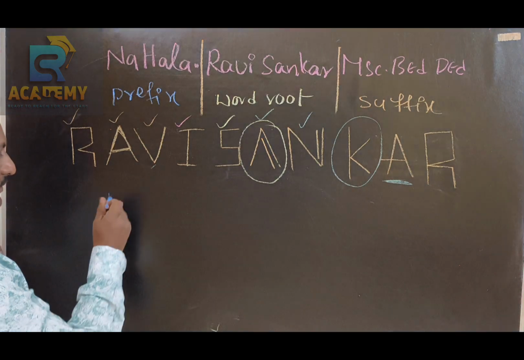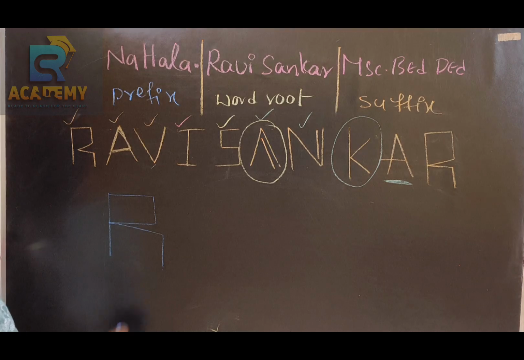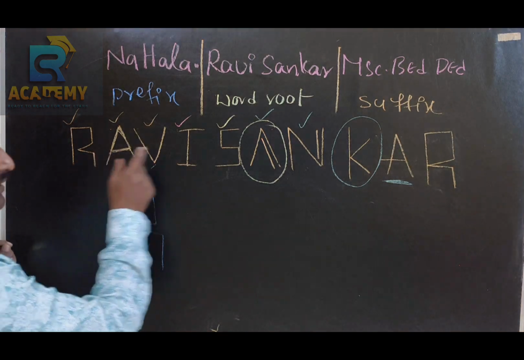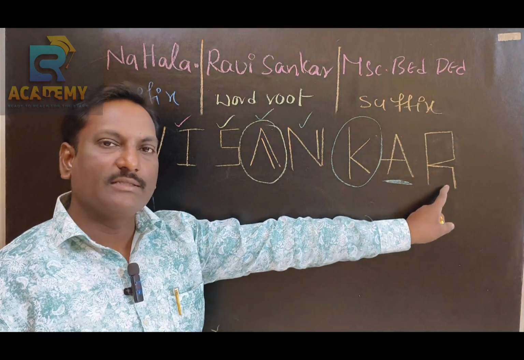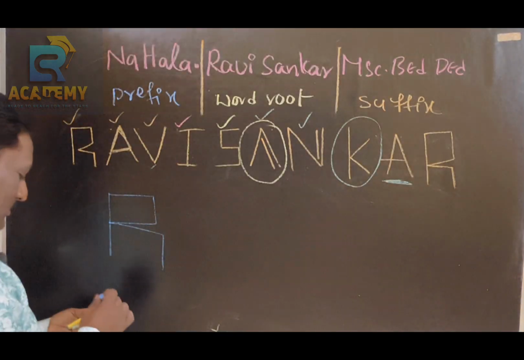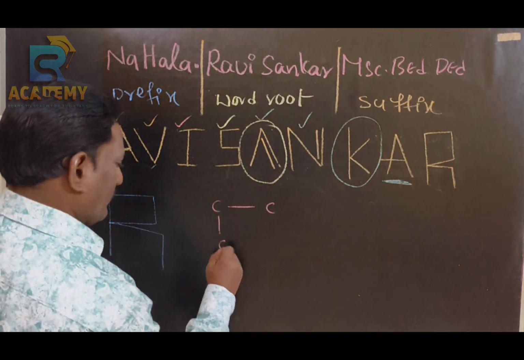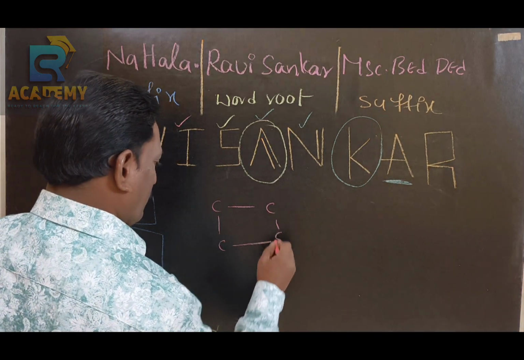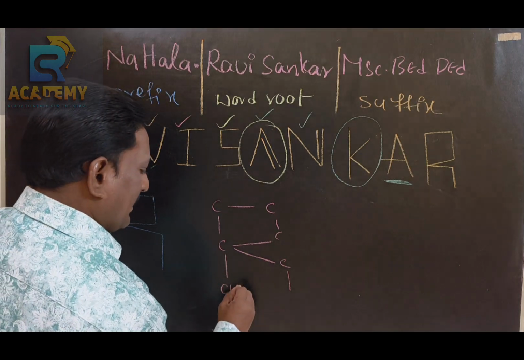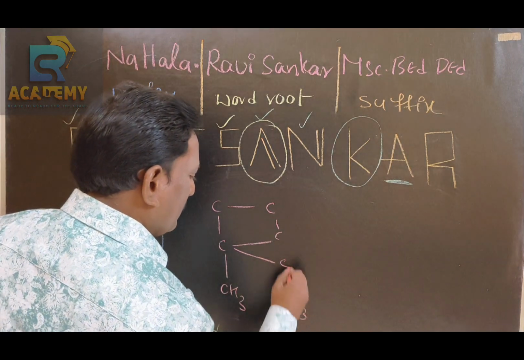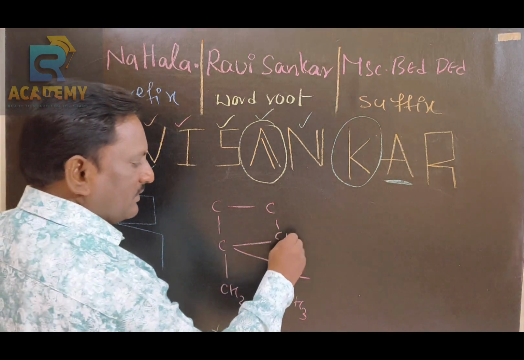Right. Next letter. This is different, and this one is different. This is an open chain, whereas this one is cyclic. Let us put the carbons: CH3, CH3, CH2, four bonds completed.